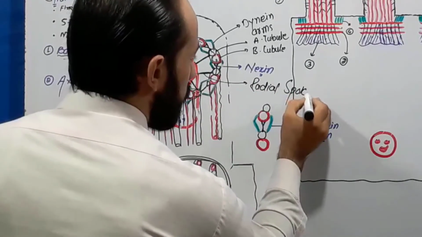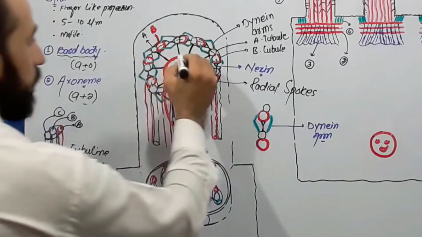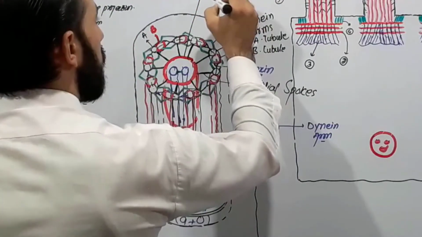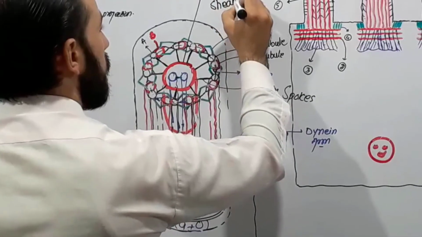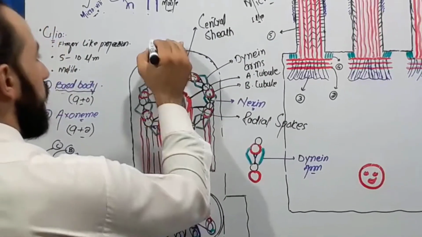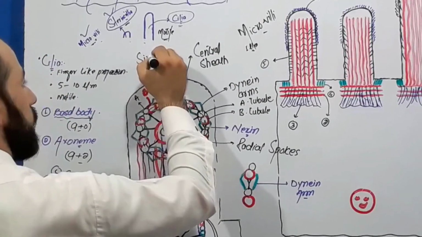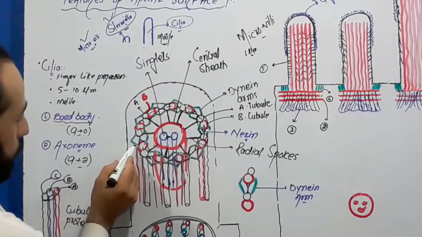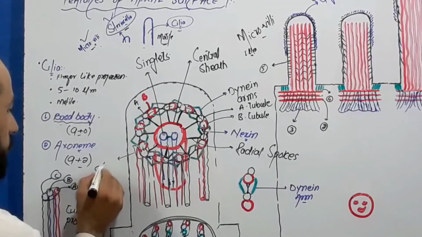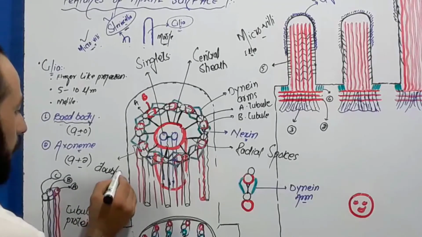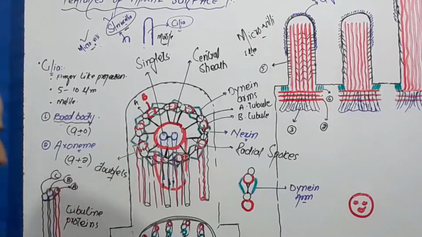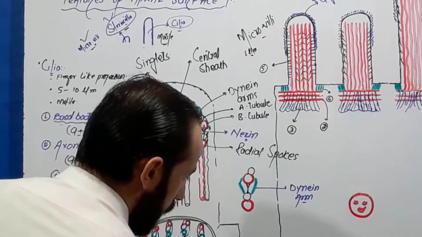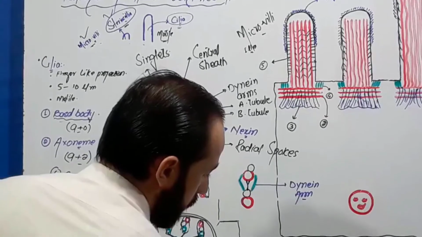Then this red one is the central sheet. And these are the two singlets, singlets meaning one and one. These two are the doublets, the A and B tubule. And here the A, B and C tubule make the triplets.